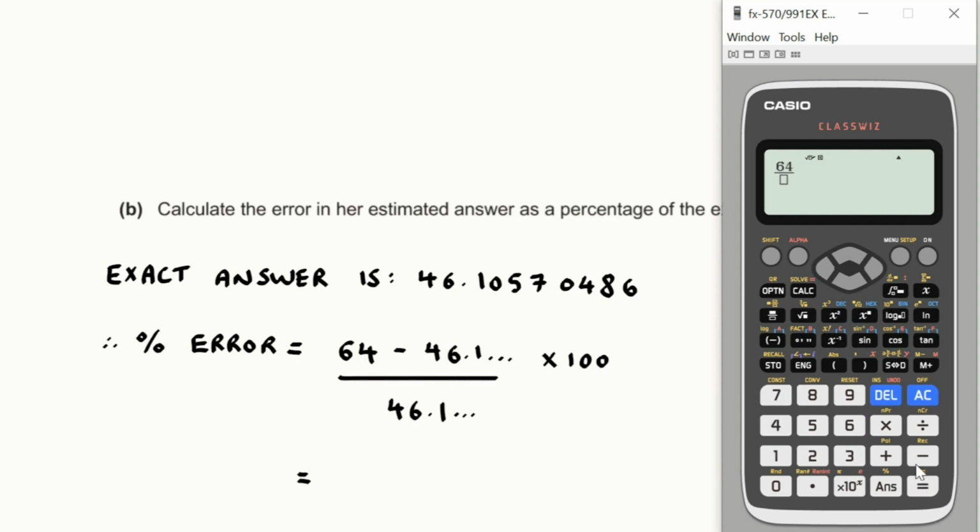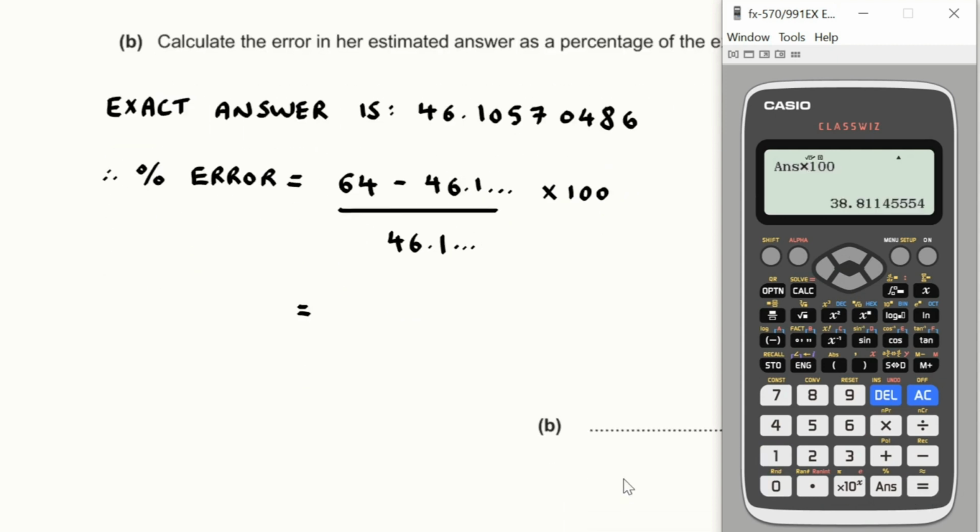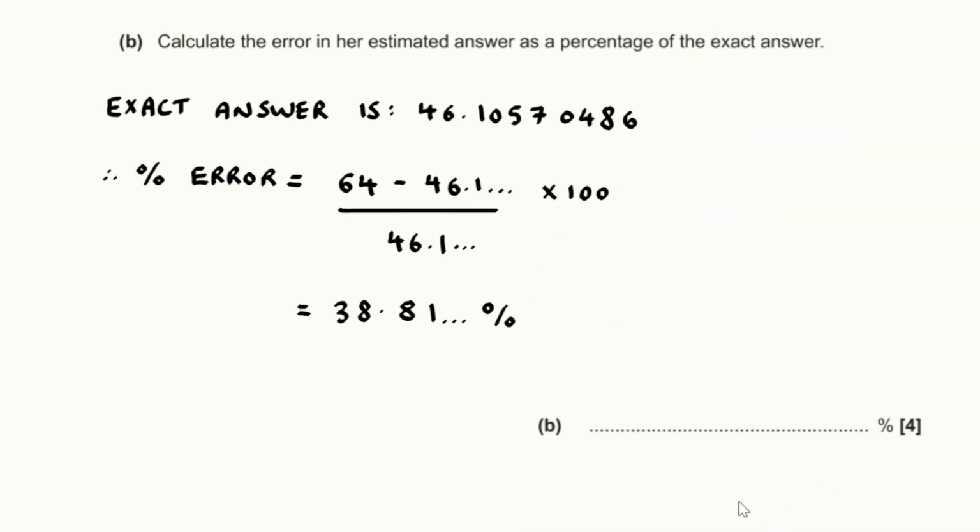So I've got 64 minus this divided by this multiplied by 100. So it turns out we get 38.81 etc. percent. So to one decimal place, we've got 38.8. This is to one decimal place.